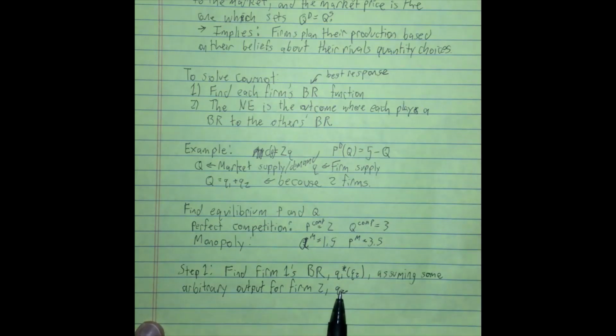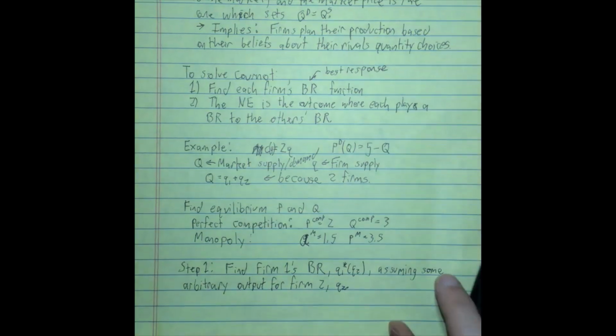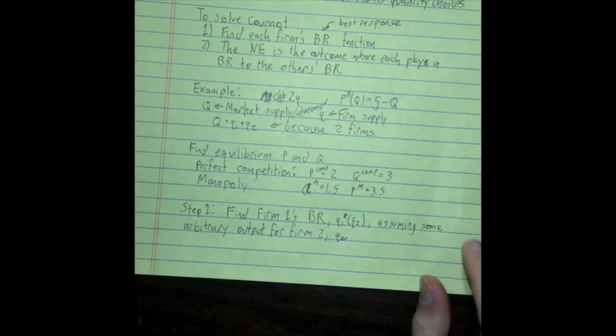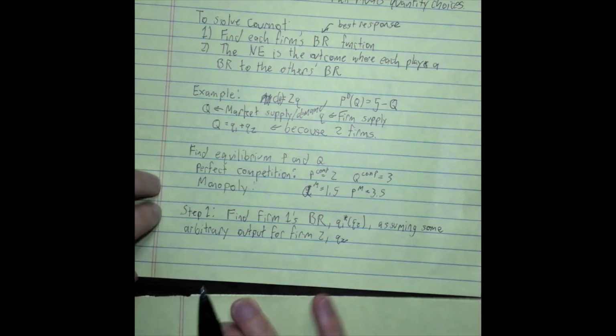So firm 1 thinks that firm 2 is going to produce Q2, and then what's firm 1's best response to that?